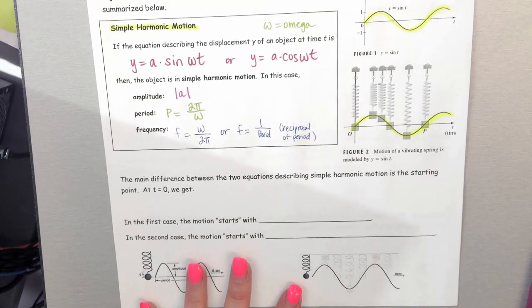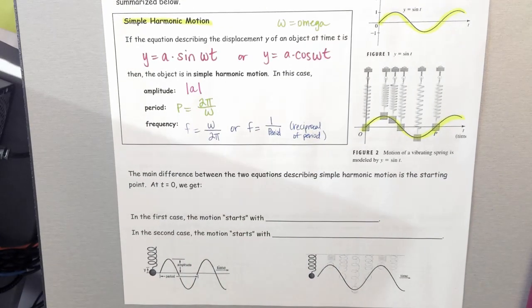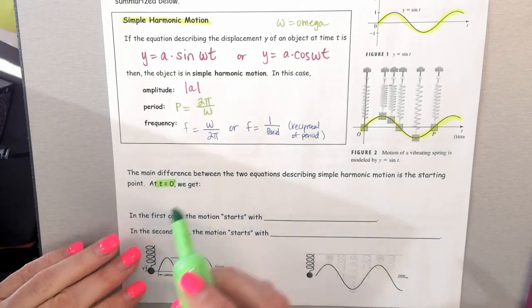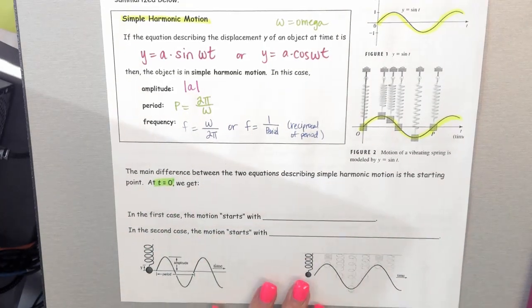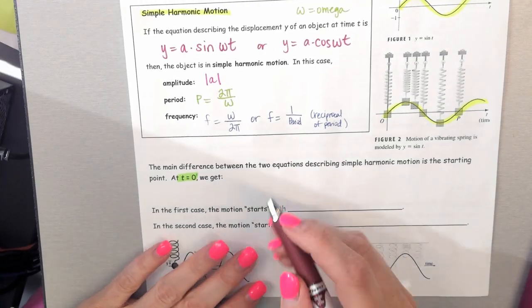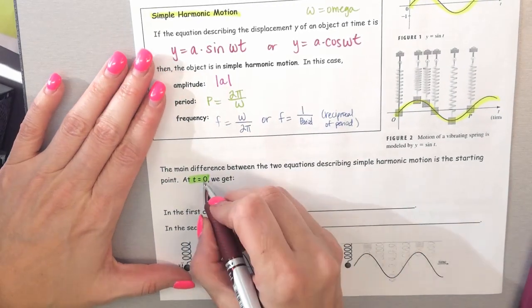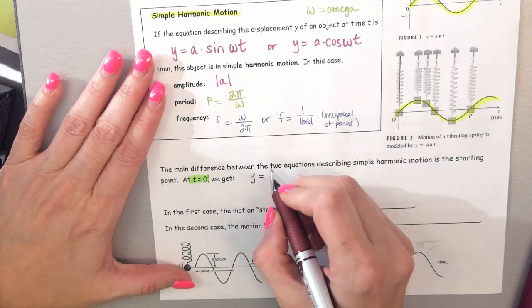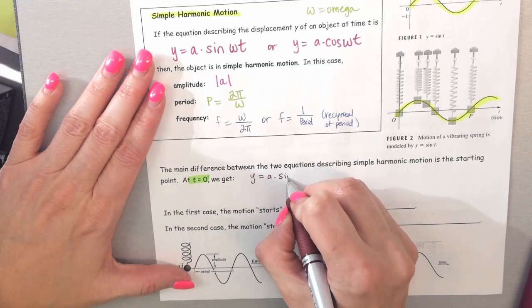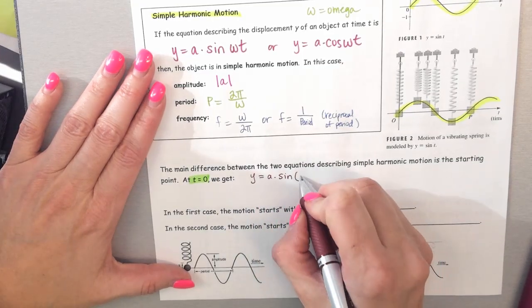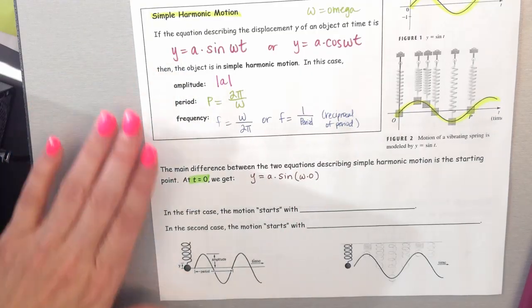Okay, so the main difference between these two equations is going to be the starting point. When the value of t is 0, we're going to calculate what happens with both sine and cosine. All right, so we're going to start with sine. If t is 0, y equals a times the sine of omega times 0.